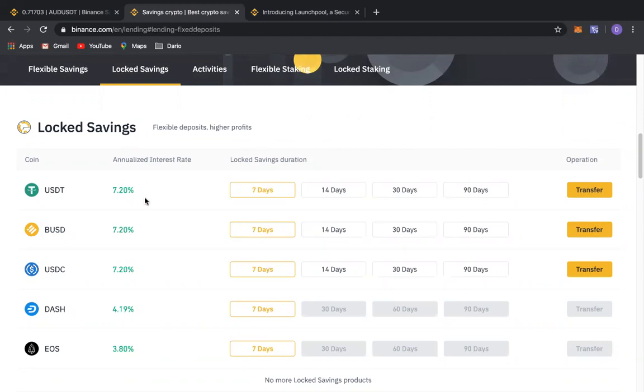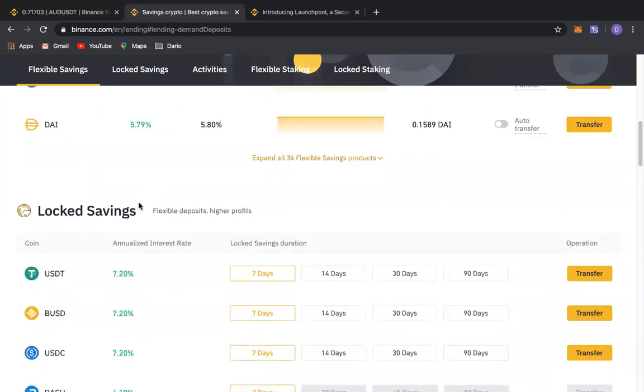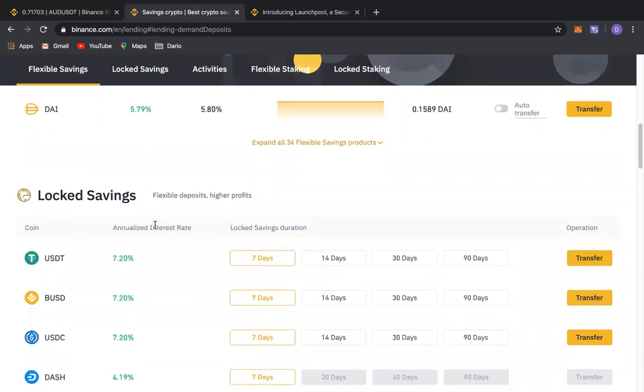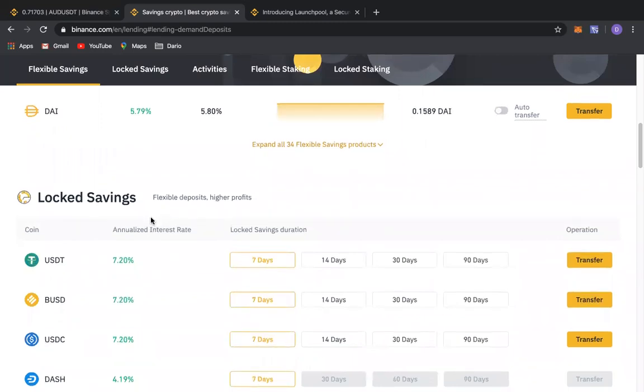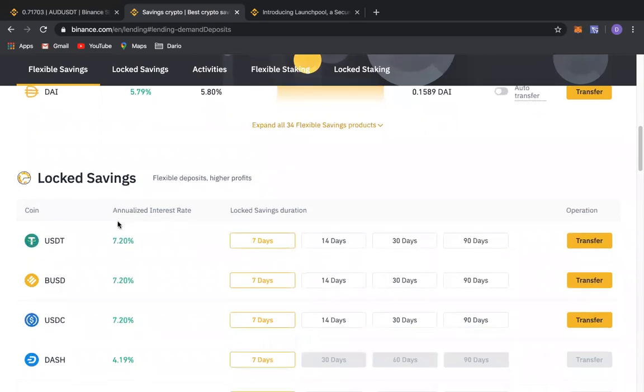And why this is really useful is because we all know staking and DeFi is a big hype at the moment. But a lot of people fail to realize, if you're an American, I don't know if they can use this platform, maybe they can't, but theoretically, if you had $1,000 US, you could lock it away here and earn a 7% annualized interest rate in 7 days just for locking that away.